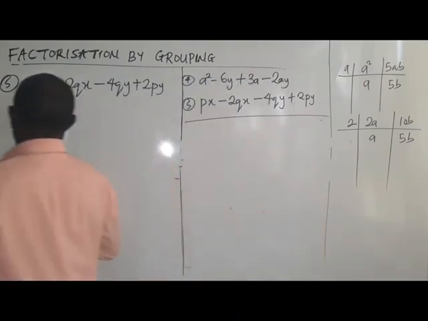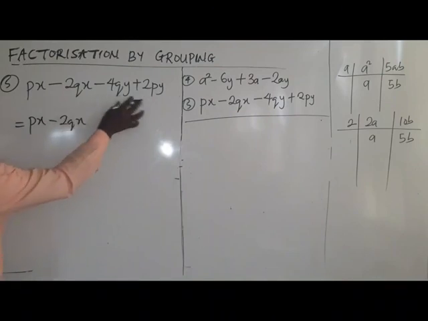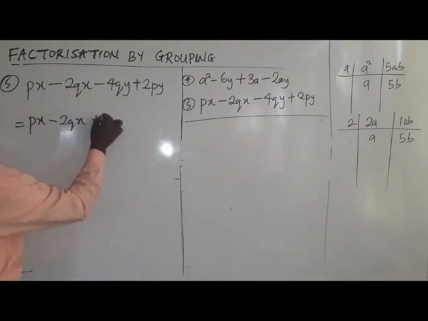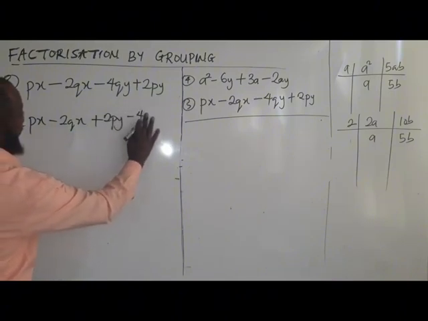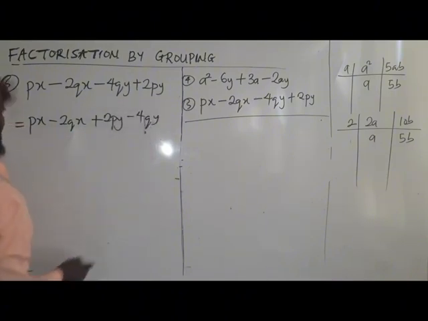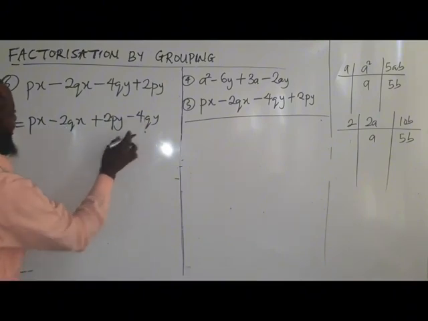In that case, we are going to rearrange px minus 2qx. Then when you bring this on, plus 2py minus 4qy. So we notice that 2y is common. So it will be left with p here and we are left with 2q here. The same thing, we'll be left with p here and we are left with 2q here, which is perfect. So in that case, we are good to go.